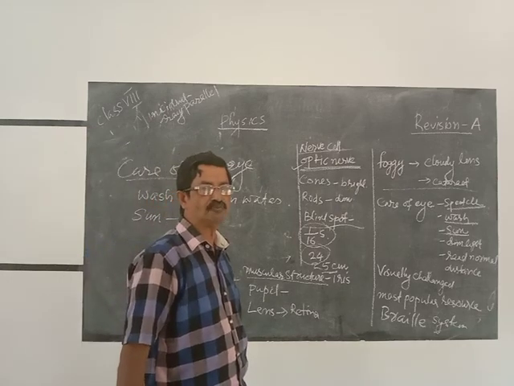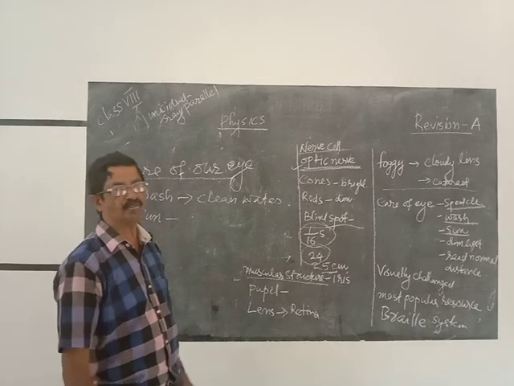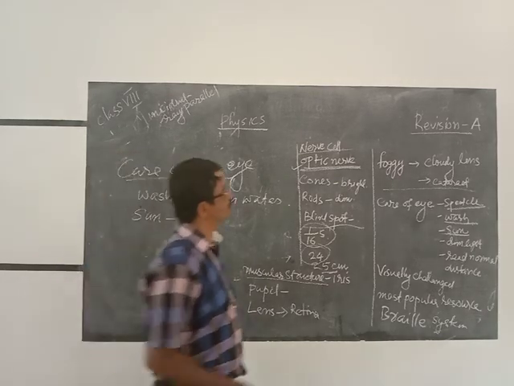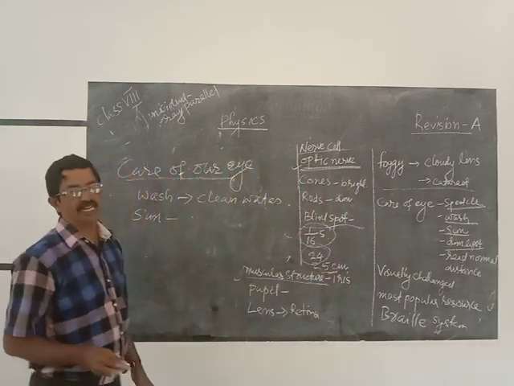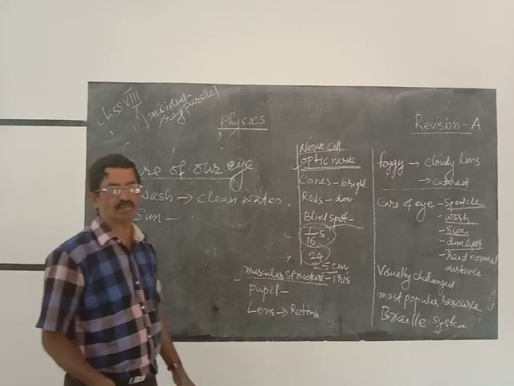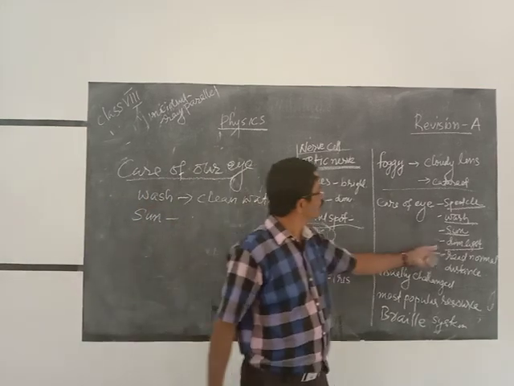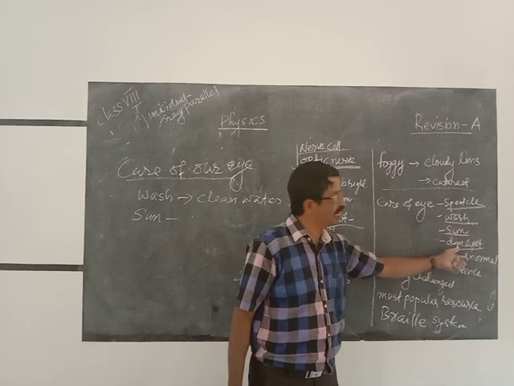That means intensity of light from the sun is very high, so it can damage our eye. Then another one is not read in dim light, that also can damage our eye.